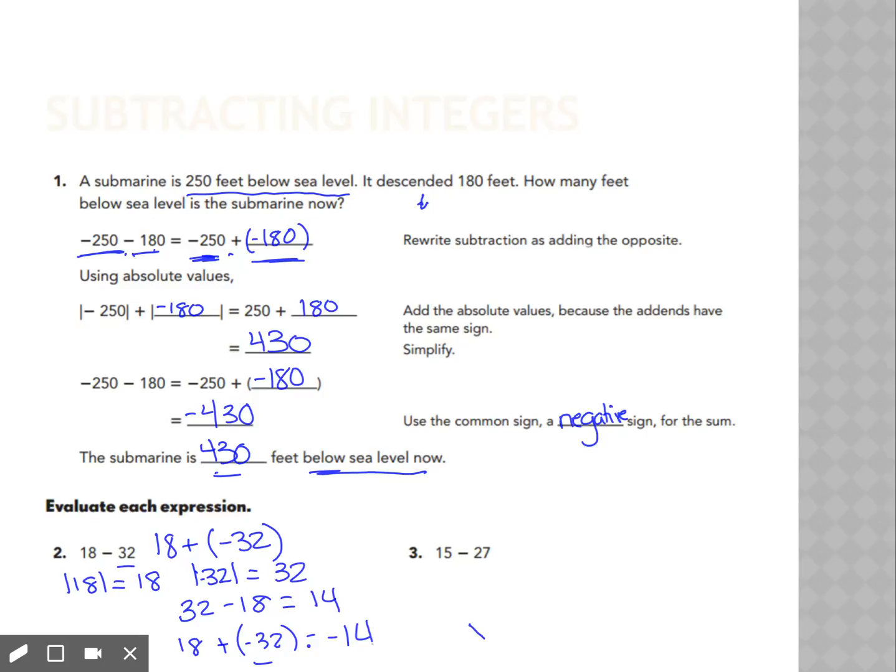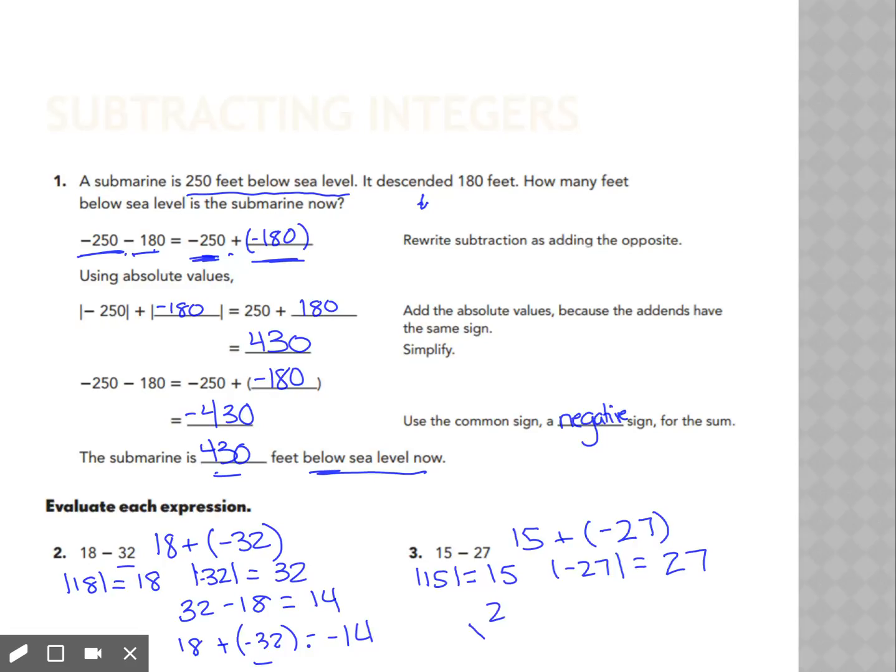Number 3, 15 minus 27 becomes 15 plus a negative 27. Absolute values come first. Absolute value of 15 is 15. The absolute value of negative 27 is 27. Now we use our rules for addition of opposite signs.